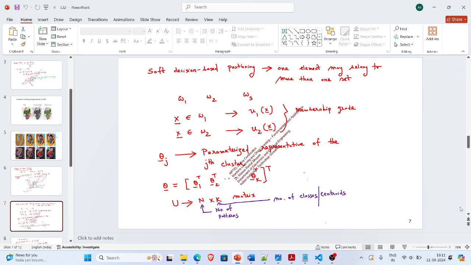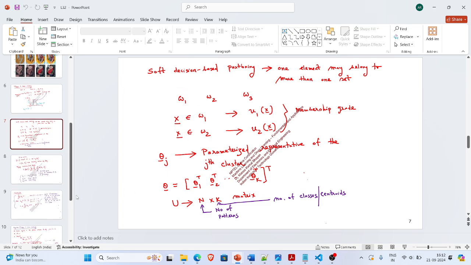Next, these are the cluster centers theta 1 to theta k. Theta j represents the jth cluster. This leads to a membership grade matrix U, having k values for k clusters, and total samples are n, so an n cross k matrix.